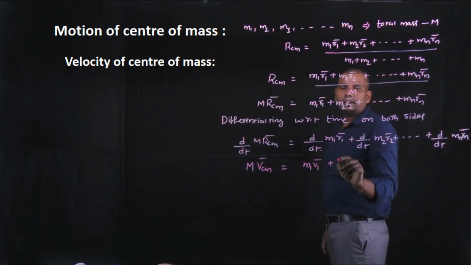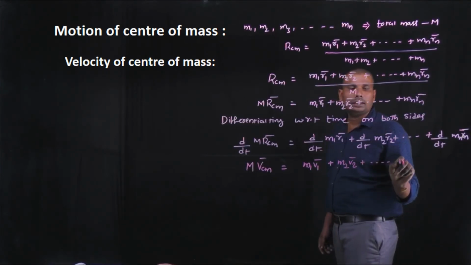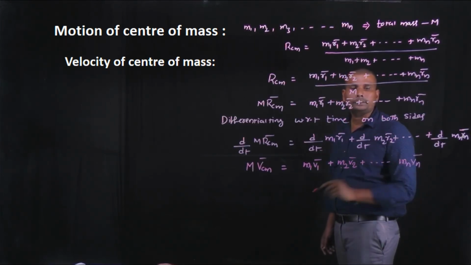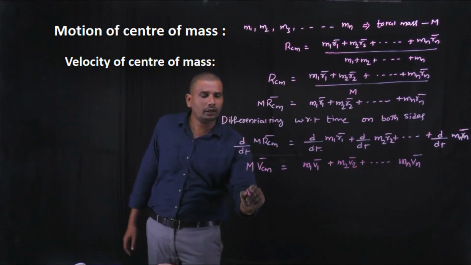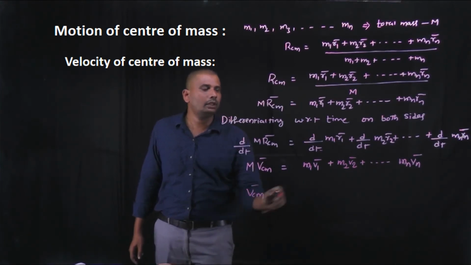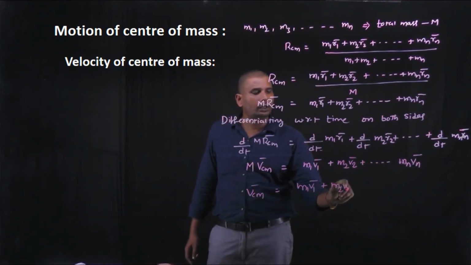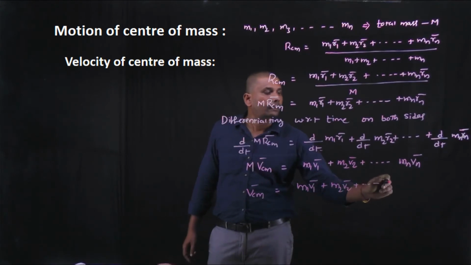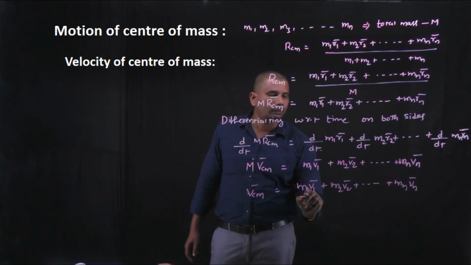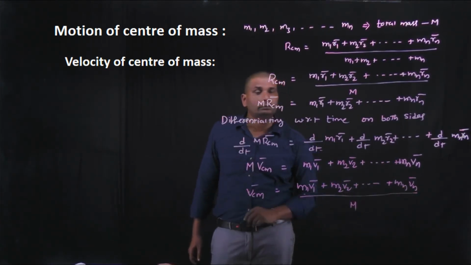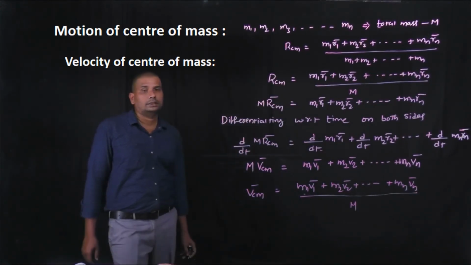Okay, and similarly for the remaining particles it is m2 v2 bar plus and so on mn vn bar. Okay, from this the velocity of center of mass is VCM bar equals m1 v1 bar plus m2 v2 bar plus and so on plus mn vn bar by M. This is nothing but the velocity of the center of mass.